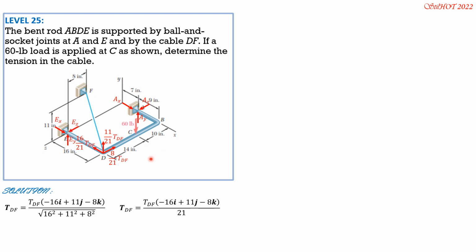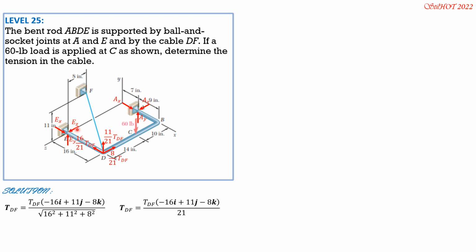So if we sum up moment about this axis EX equals 0, then we can solve for AY. Only AZ is passing through EX, AX is parallel to it, so we can solve for AY.